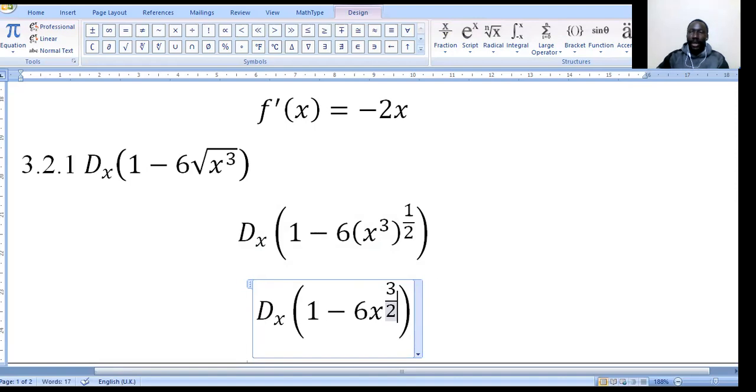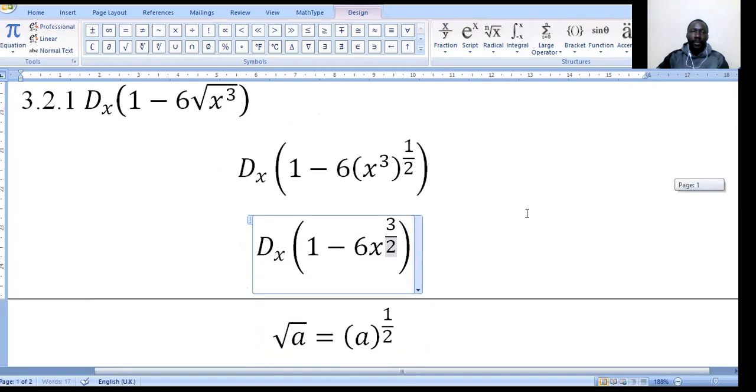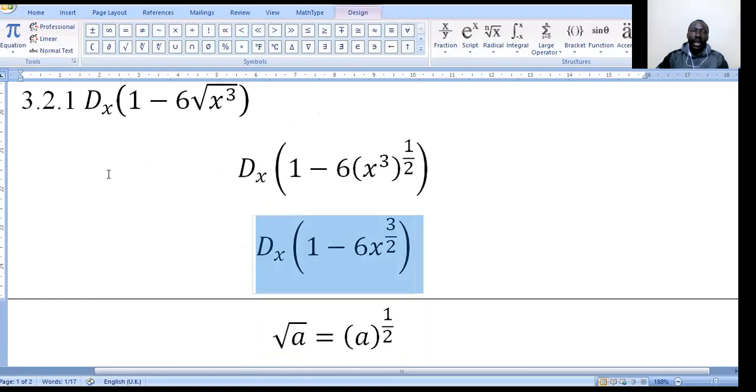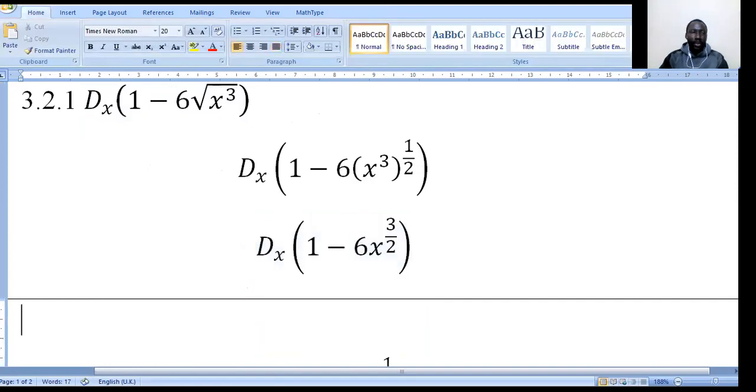Now from this step, we can then simplify. Notice what we have done here is to write the original expression in a way that we can apply the formula in solving. So now we will use the formula.